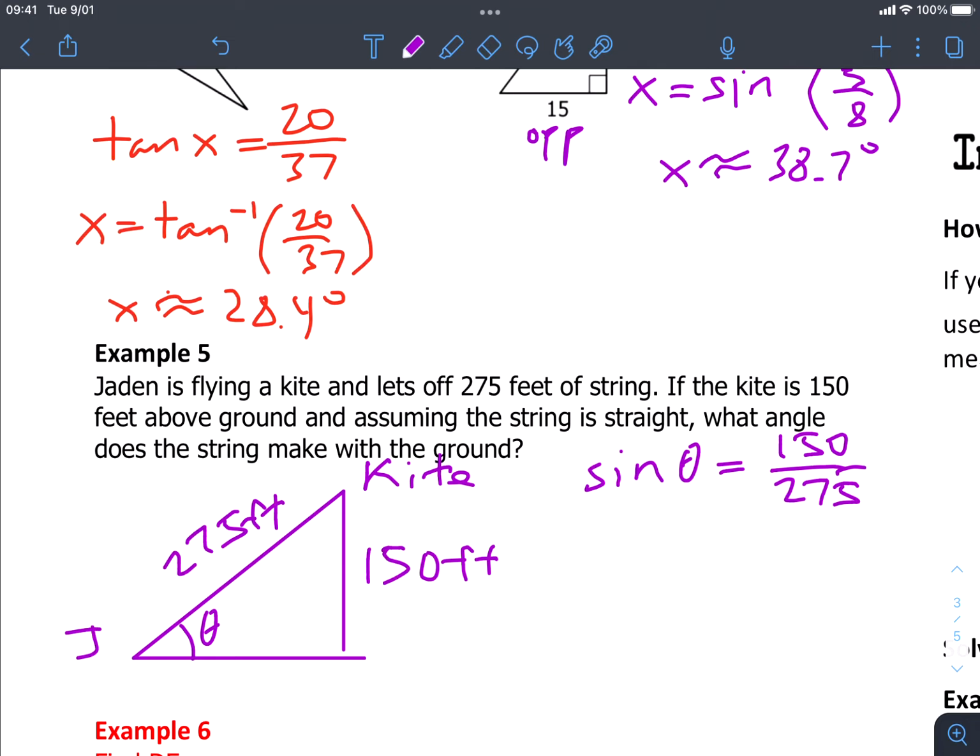You could reduce that by 25, they factor by 25, but we don't need to. Theta is equal to the inverse sine of this ratio.